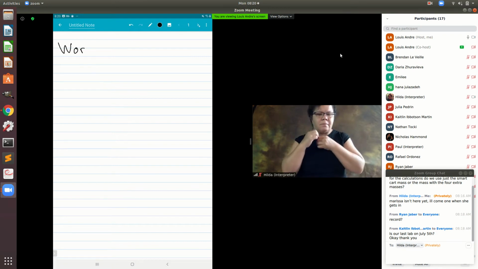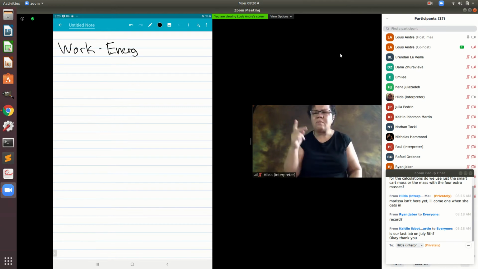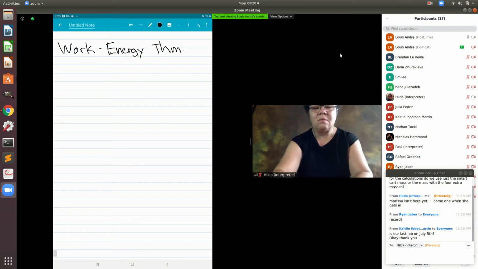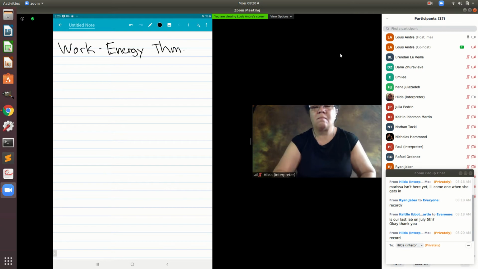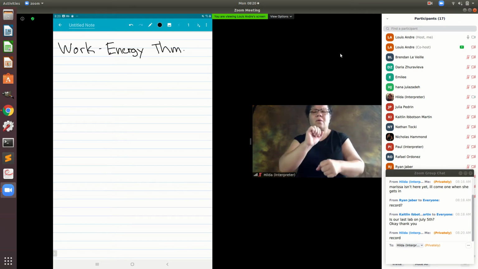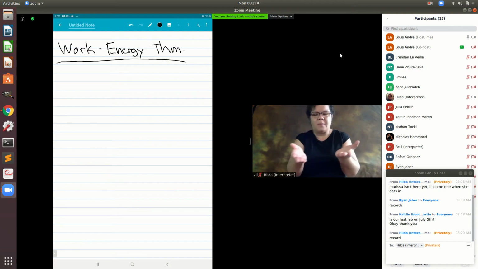Work energy theorem. The work energy theorem basically states that any work done on an object will give that object a certain amount of energy equal to the work done to it.